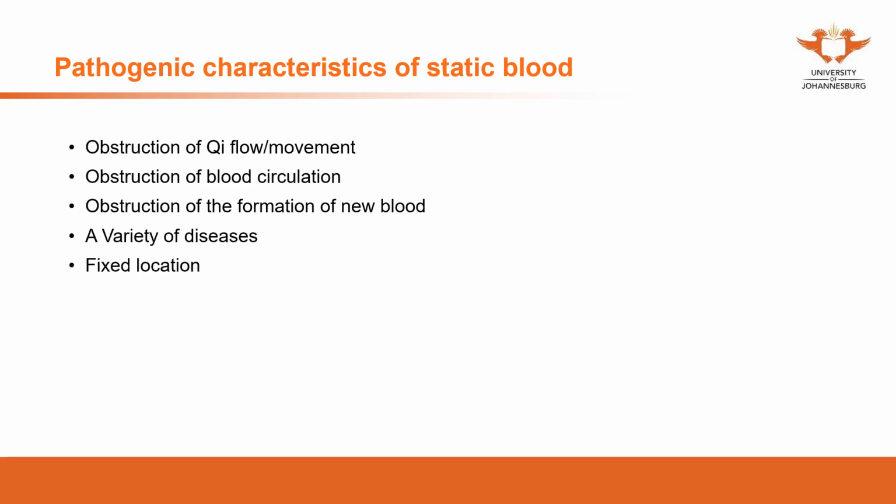If someone gets a stroke, that's static blood in the brain, and this static blood will normally not move to any other area. So that's the fixed location. The symptom of static blood can also be pain.